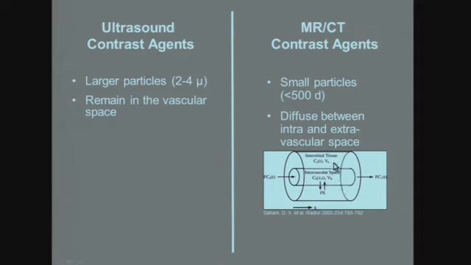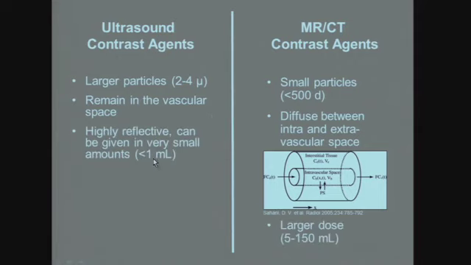So if you're trying to quantify tumor blood flow, it's much more straightforward with an agent that remains in the vascular space. These agents are also very highly reflective and can be given in very small doses, much smaller than is commonly used for iodinated and gadolinium-based contrast agents. And because they are highly reflective, we are able to visualize them down to a capillary level.